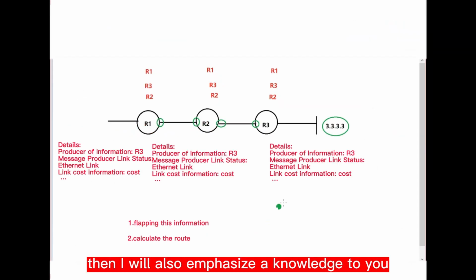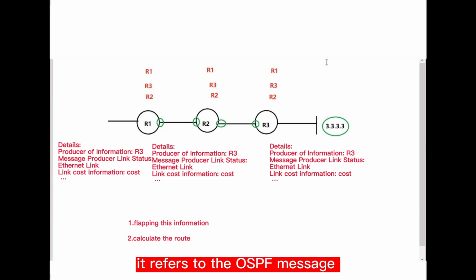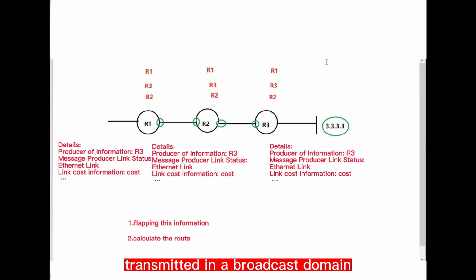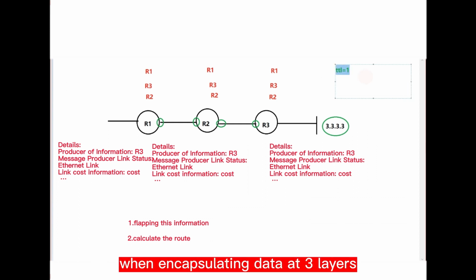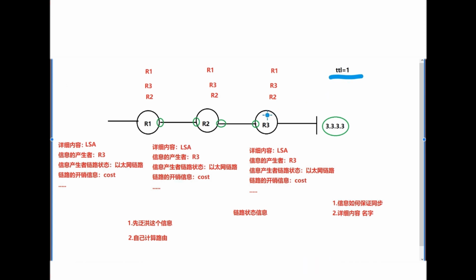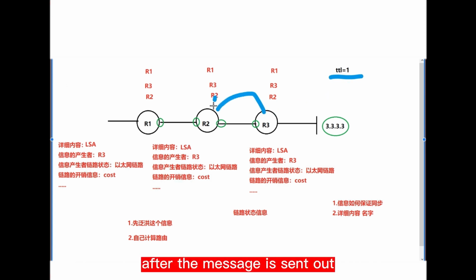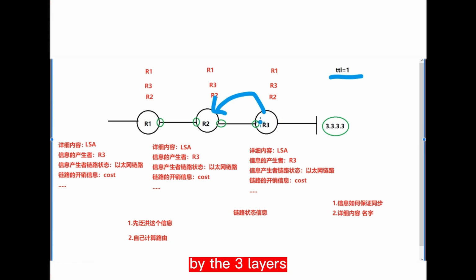Then I will also emphasize a piece of knowledge. OSPF packets refer to the OSPF messages transmitted in a broadcast domain. It has a feature: its TTL is equal to 1. When encapsulating data at layer 3, there is a time to live in IPv4, which limits the number of times the message can be forwarded by layer 3 devices.